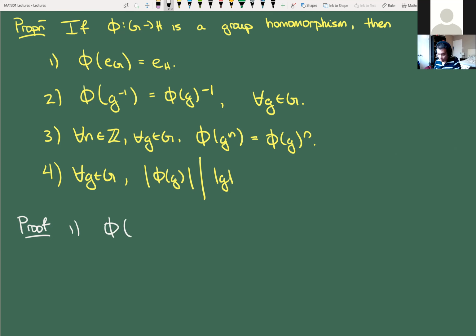For number one, I'm trying to show that the identity maps to the identity. We know that the identity acting on itself just gives the identity. Now, because this is a group homomorphism, I can split that: phi acting on the identity times the identity, using the group homomorphism property.